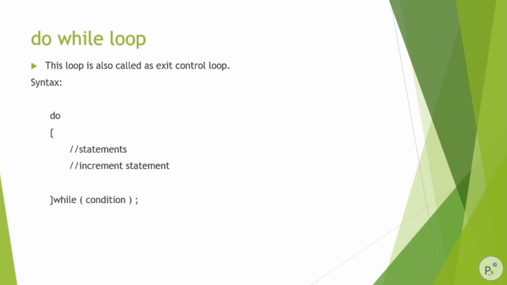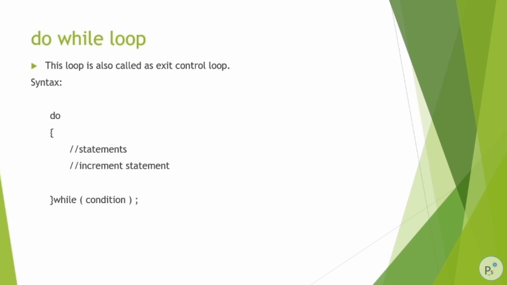But in do while the case is different. It is called an exit control loop, and the answer is given in the form of the syntax. As you can see: do, then statements, and then while condition. It means we enter the looping statement without checking any condition, and the condition is checked at the end, after the execution.